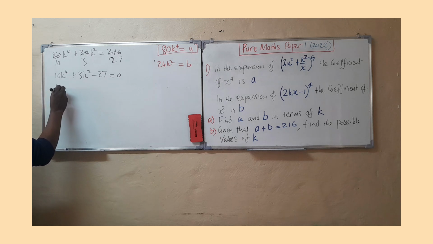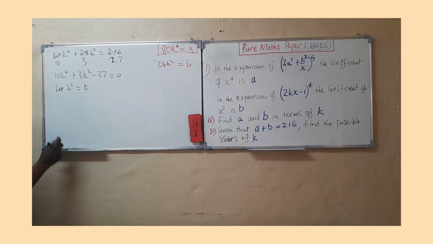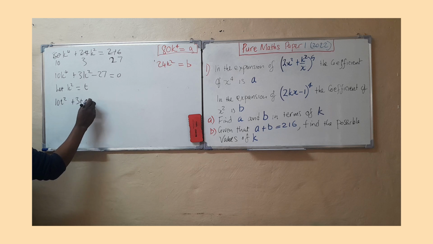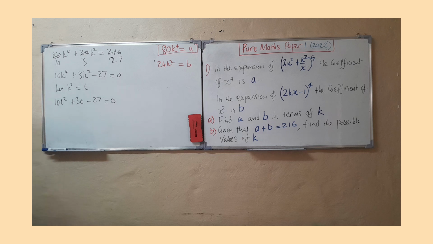So what can we do? Let's change it into a quadratic equation. Let k squared equal t, which means k to the power 4 is t squared. So we have 10t squared plus 3t minus 27 is equal to 0. Is it possible to factorize this? Let's go straight to the quadratic formula.